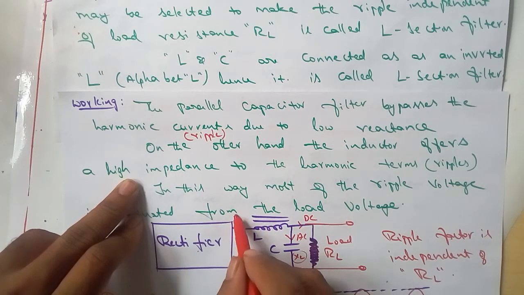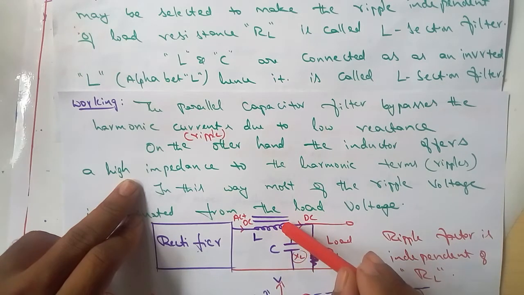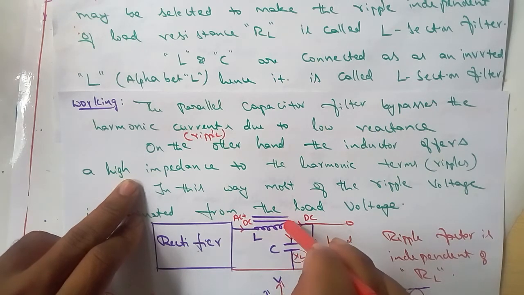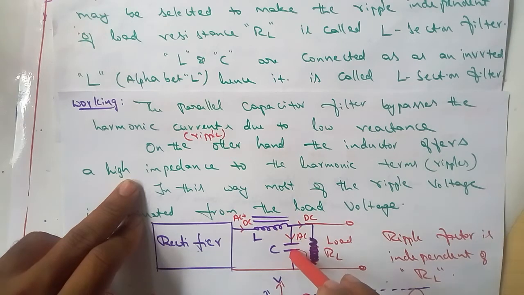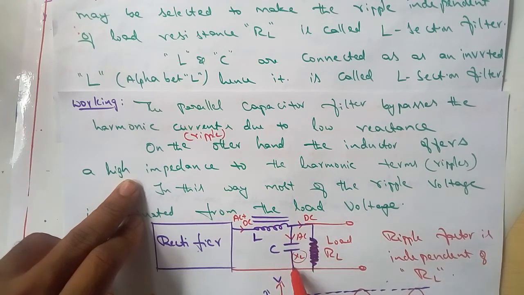But here, both AC plus DC start. Some of the AC is stopped by the high impedance of the inductor, and the remaining AC component flows through the capacitor's low reactance parallel path. That's why the total AC is grounded here.